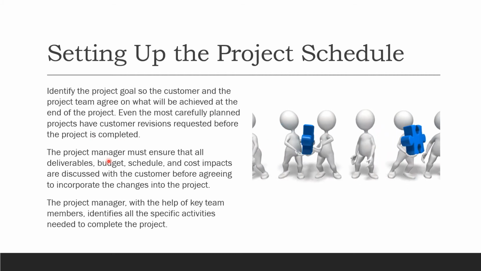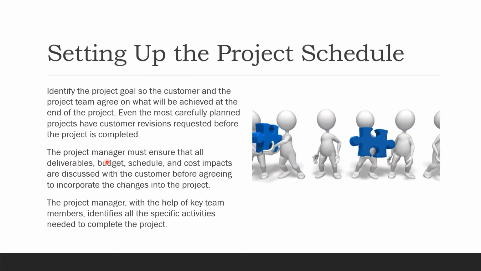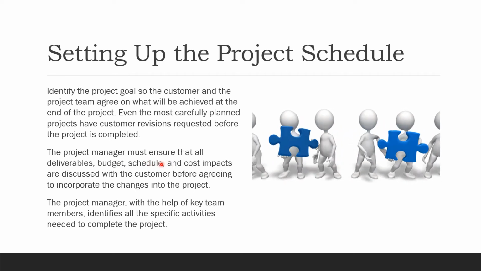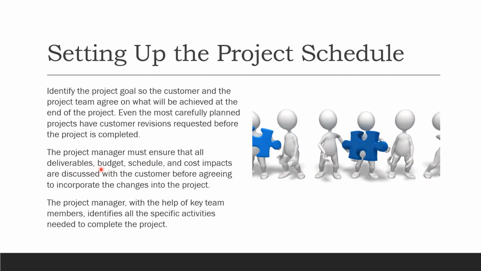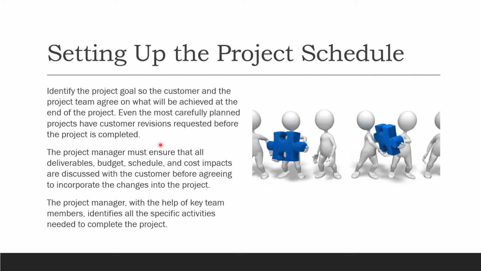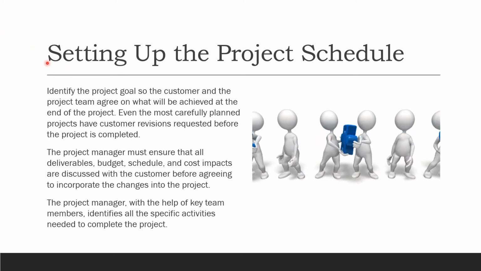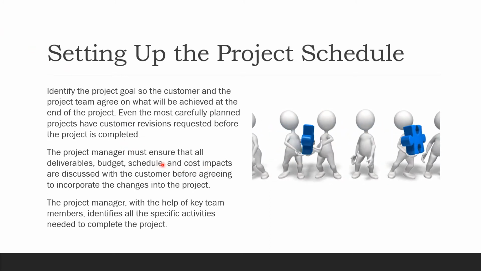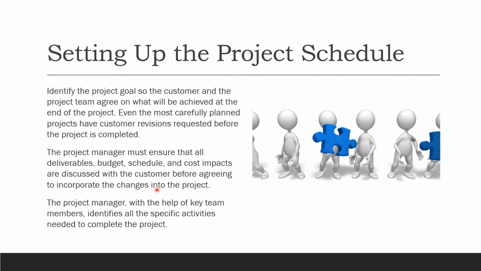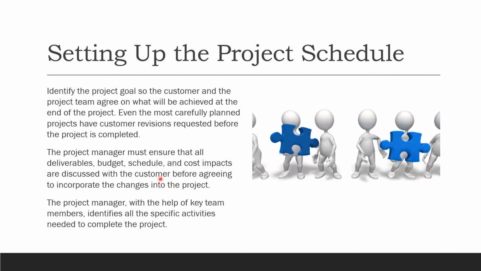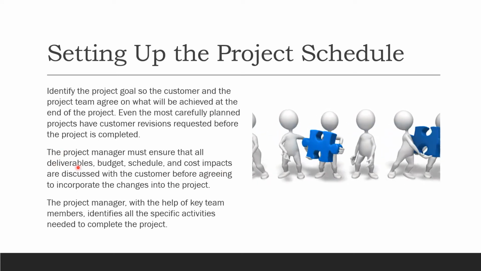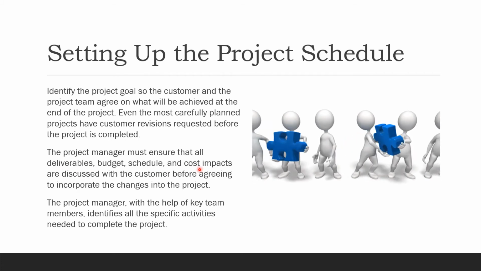Anyway, then we get into the project manager. You've got to be sure that you have your deliverables, your budget, your schedule, and your cost. And you have to make sure these impacts are discussed with the customer, meaning the customer is aware of the impacts for your deliverables, your budget, your schedule, and your cost.